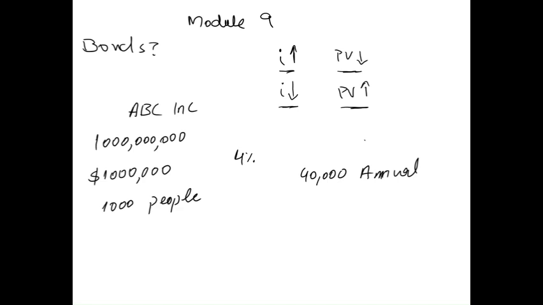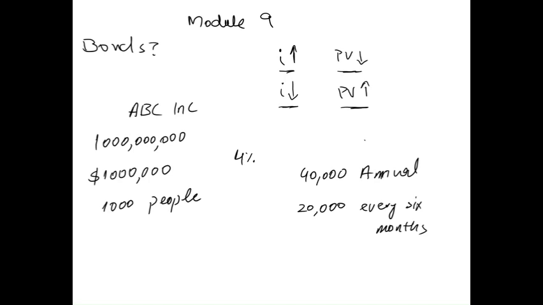And like I said, bonds pay interest semi-annually, so this will be $20,000 every 6 months. So one component is the interest. The company will borrow $1 million from every single one of these 1,000 people, and will pay $20,000 every 6 months or $40,000 annually in interest.